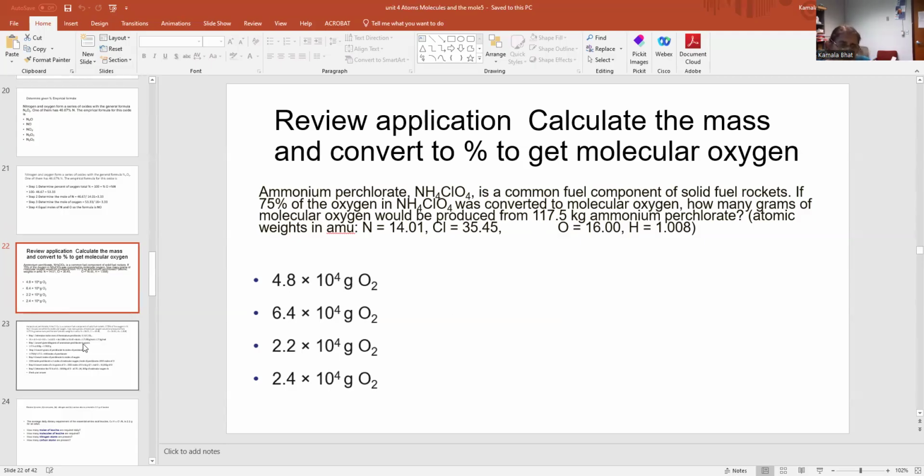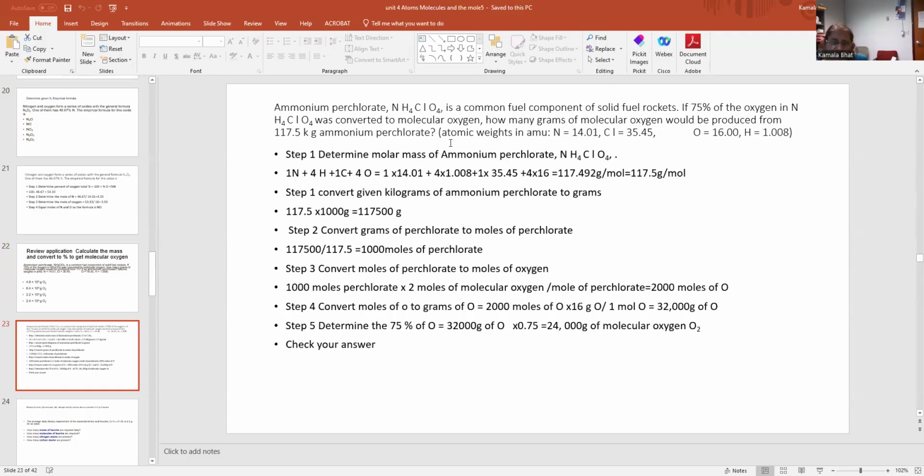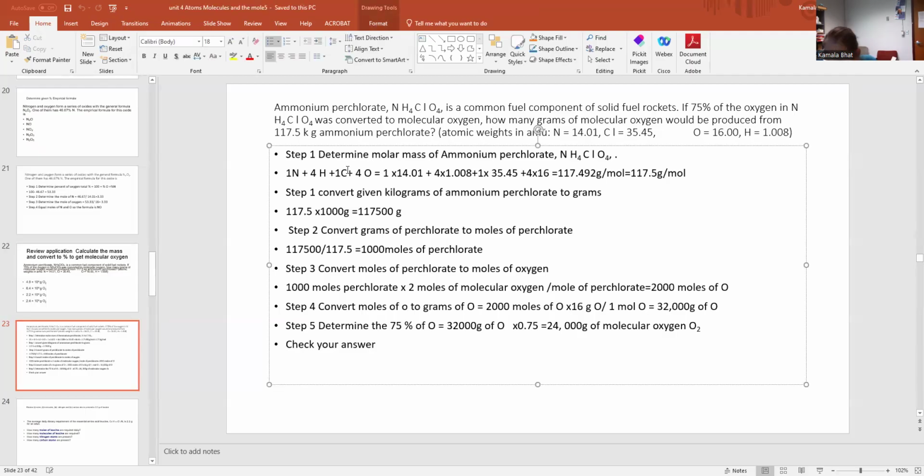In order to find out which one, we solve it like this. First, determine the molar mass of ammonium perchlorate. In ammonium perchlorate, there is 1 nitrogen, 4 hydrogen, 1 chlorine, and 4 oxygen.